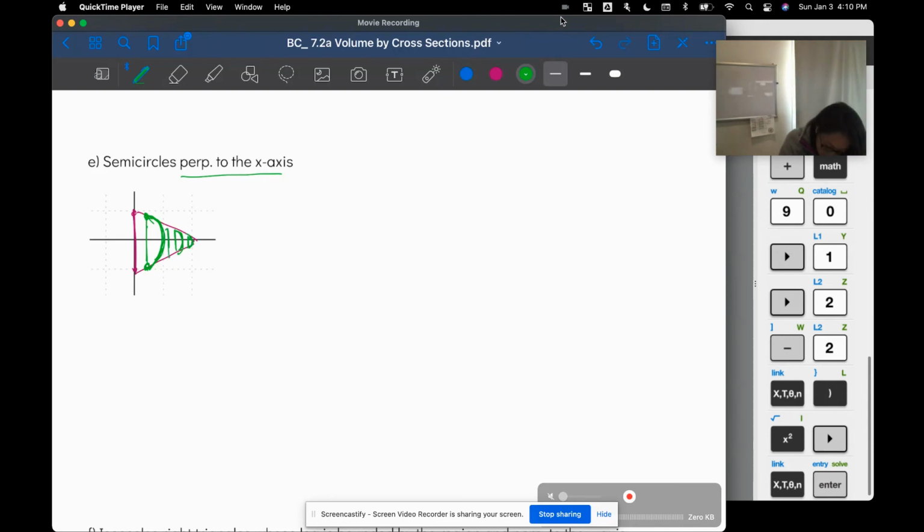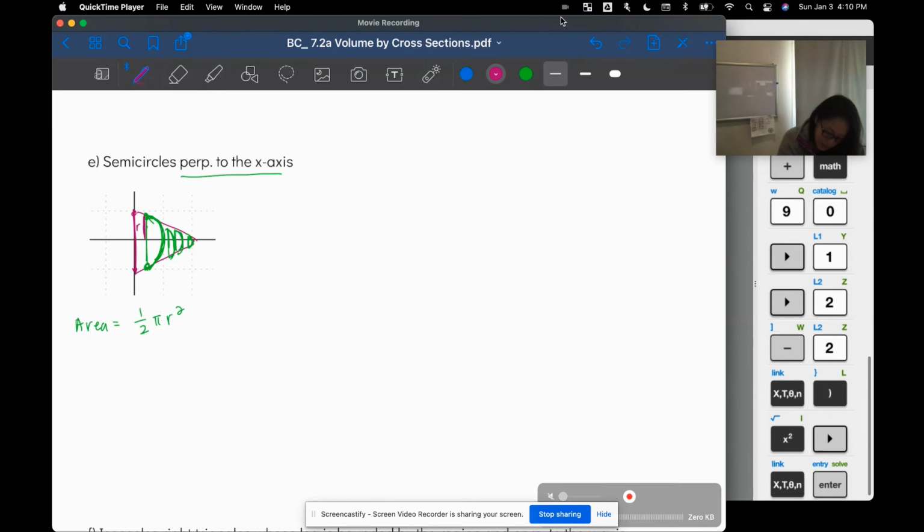between the two curves. What I know is that the area of a semicircle is equal to 1/2 pi r squared, because pi r squared is a full circle, and you're taking half of it. And how we get the radius is basically this distance.